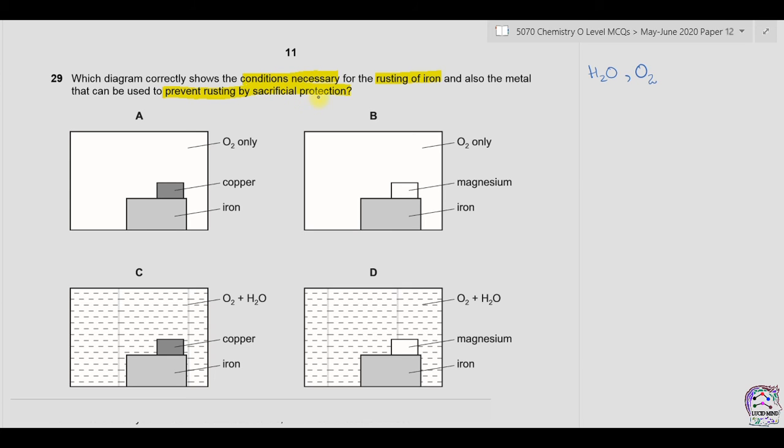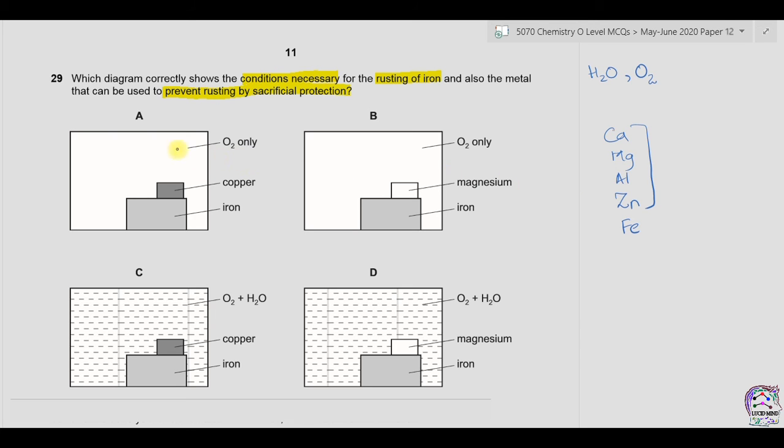Now what happens in sacrificial protection is that the more reactive metal actually reacts in the place of iron. So iron is not rusted until the other metal is sacrificed completely. Now in the reactivity series we have calcium, magnesium, aluminium, zinc and then iron. As these are more reactive than iron, they could be used for sacrificial protection.